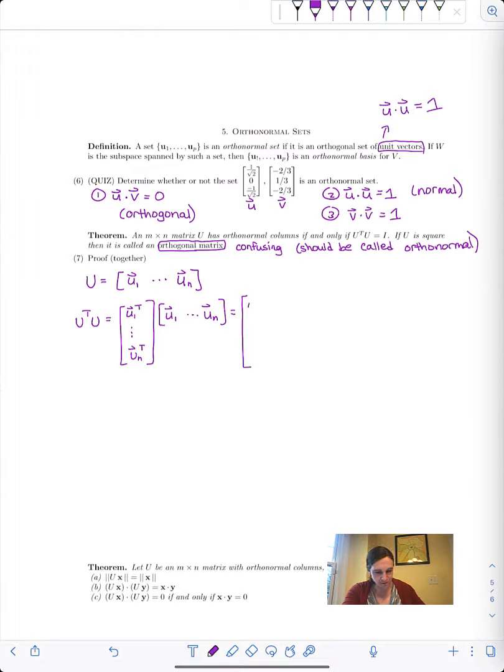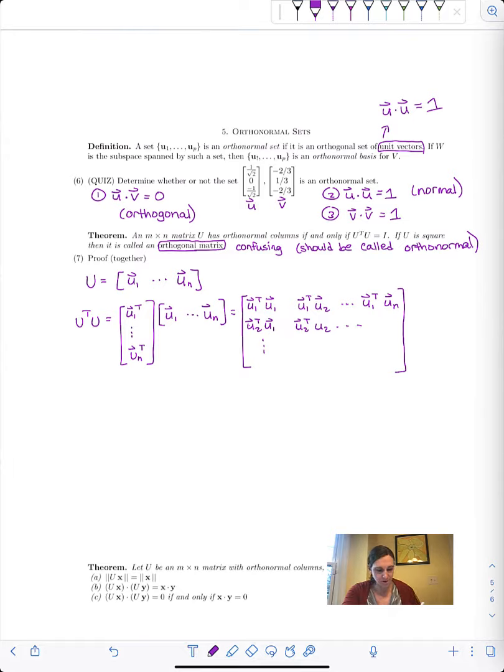We have U1 transpose times U1, then U1 transpose times U2, all the way through to U1 transpose times UN. And then we repeat with our second row, U2 transpose times that first vector, U2 transpose times that second one, and so on.